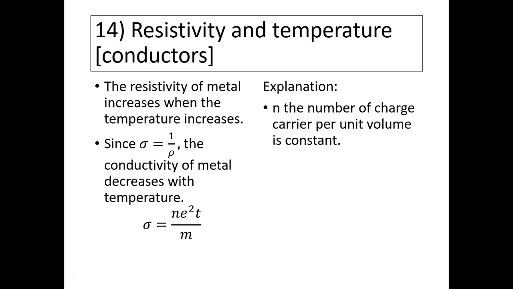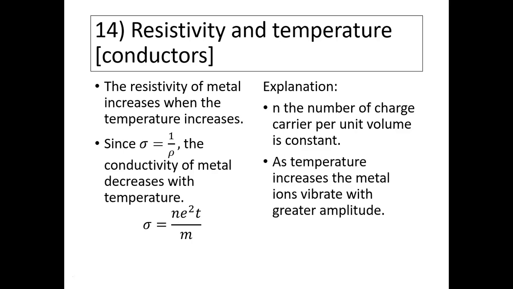This one is constant, it cannot change for metals, for conductors. As temperature increases, the metal ions vibrate with greater amplitude. So the probability of collision increases. Right? Previously, between one atom and another atom, there may be a gap, and the electron can avoid the collision.